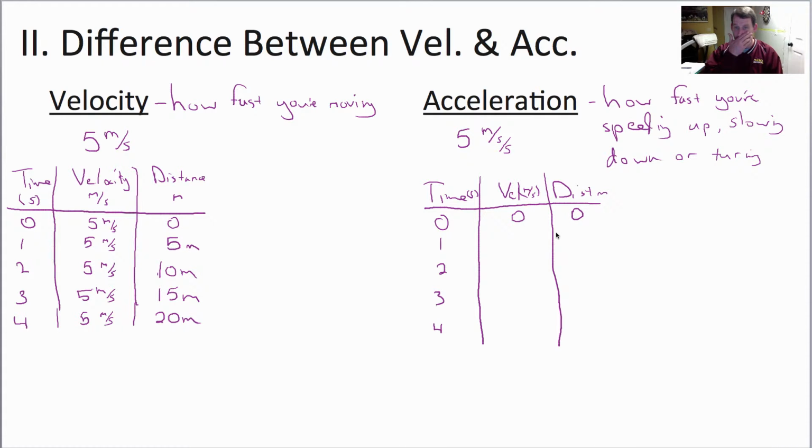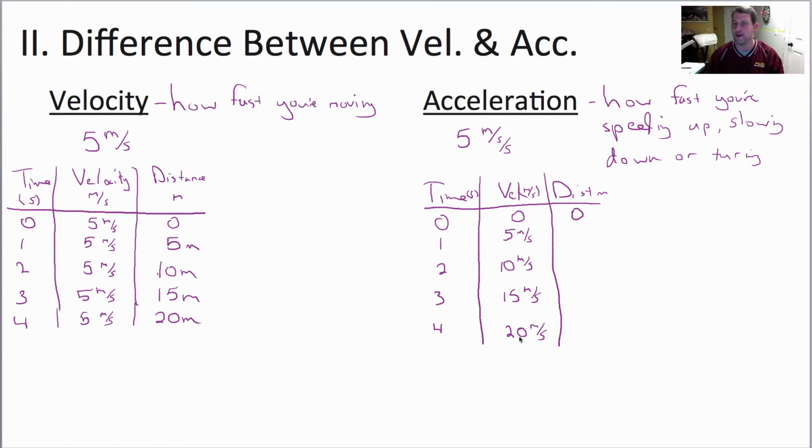We haven't gone anywhere yet. So our acceleration means that every second, we're going to increase by 5 meters per second. So our velocity is 5 meters per second here. And because we're speeding up, the next second it's going to be 5 meters per second faster, so 10 meters per second, 15 meters per second, 20 meters per second.